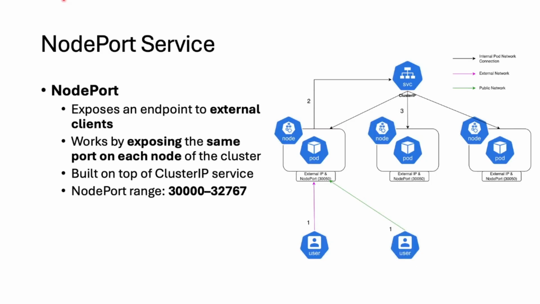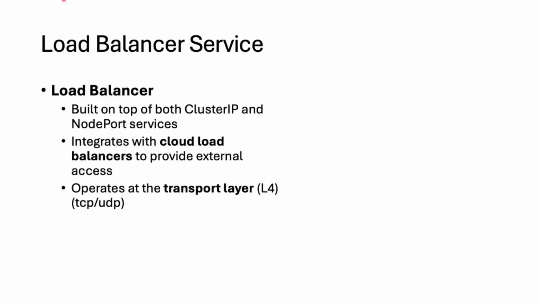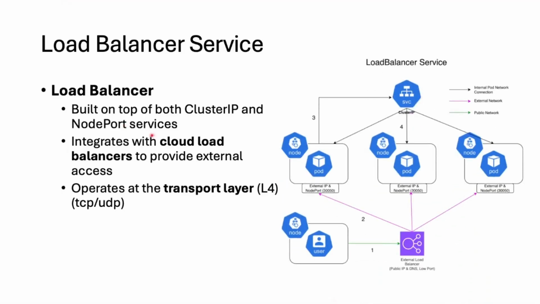You can address these limitations using the LoadBalancer service. Like the NodePort service, it is also built on the ClusterIP service, with the NodePort service built on top of that. And it integrates with an external cloud load balancer, which it leverages to provide external public access to your applications.